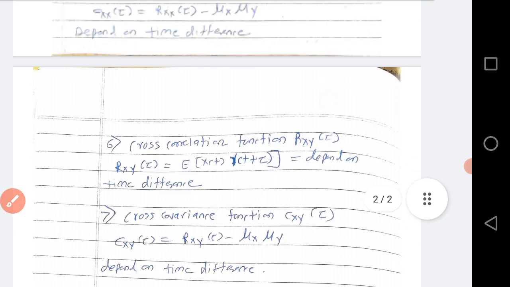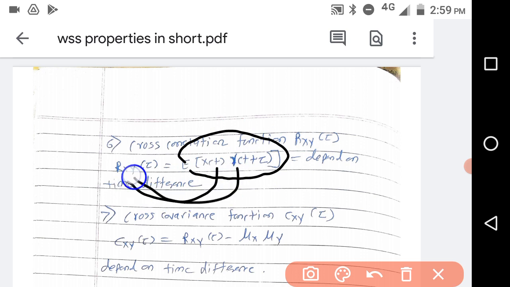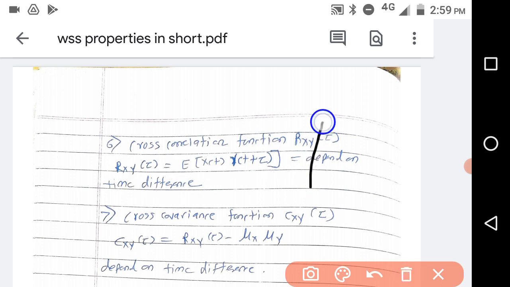Now let us see cross correlation. Cross correlation means the formula is E of x(t) y(t plus tau). So you have to write x here and y here, and the difference is tau. So cross correlation is also dependent on the time difference of the instances. Cross covariance is nothing but cross correlation minus the product of the means. So Cxy(tau) is equal to Rxy(tau) minus mu x mu y. I have directly written tau because we are just enlisting the properties of the wide-sense stationary random process.